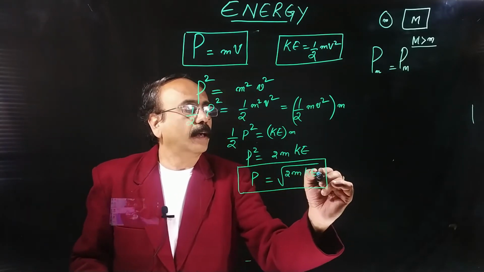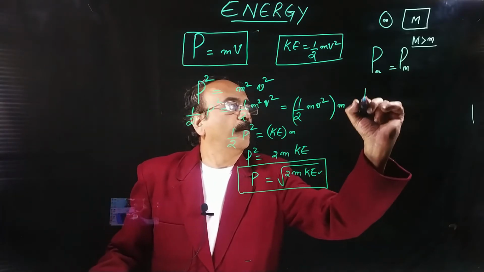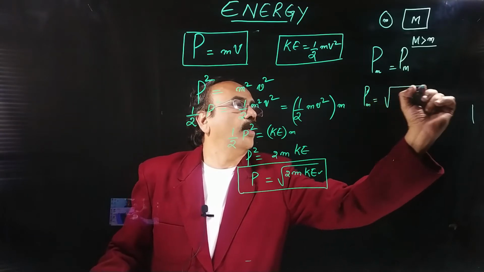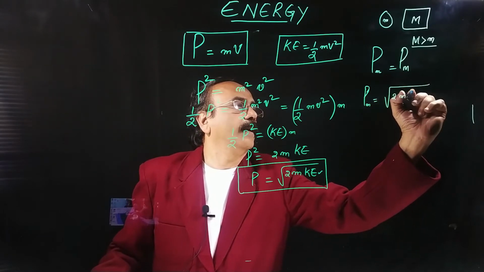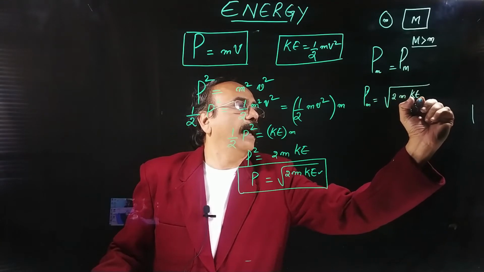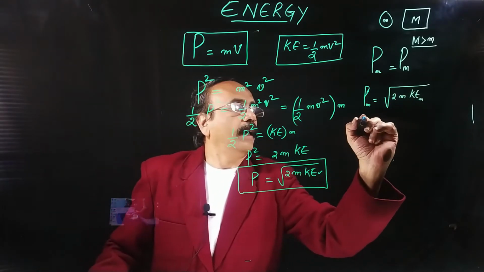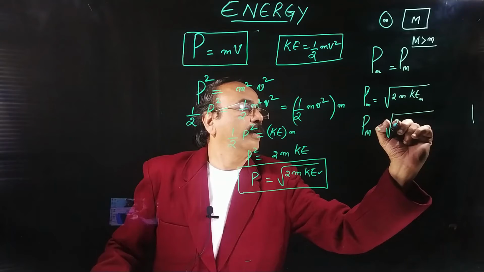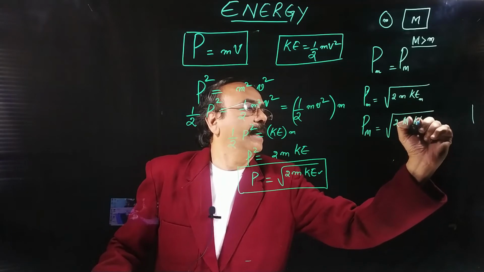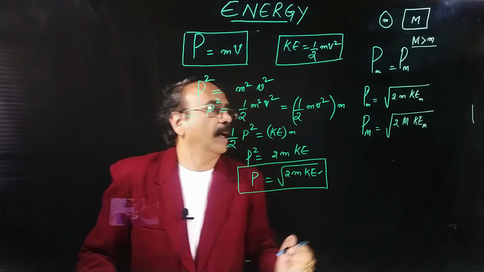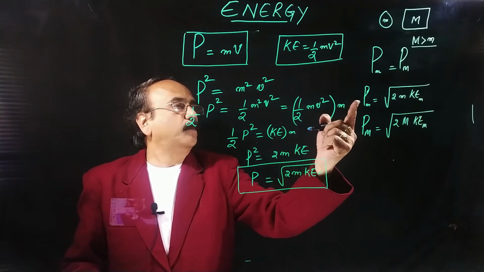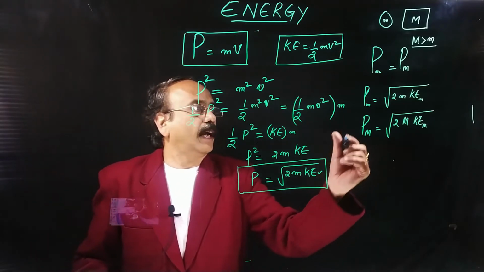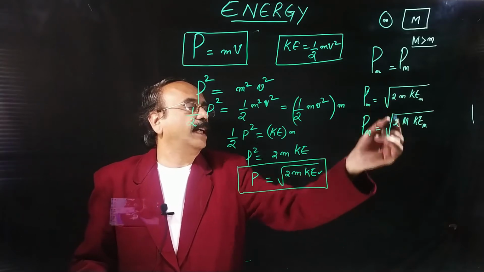For that we make use of this formula. So P of small m is equal to root over twice m times the kinetic energy of the lighter mass, and P of heavier mass is equal to root over twice M times the kinetic energy of this heavier mass. Now as P of lighter mass is equal to the P of heavier mass, we can equate them directly.